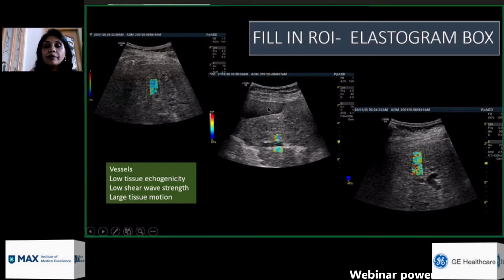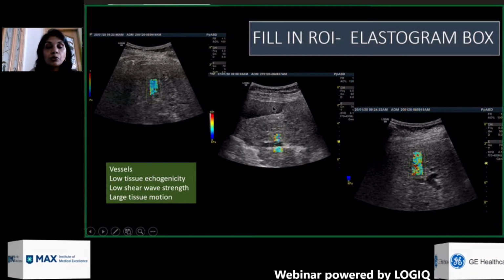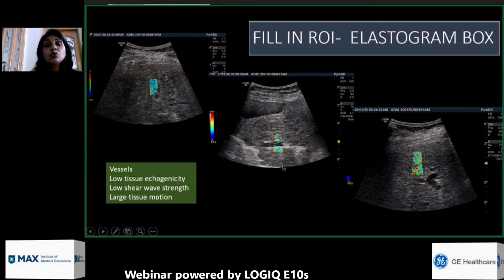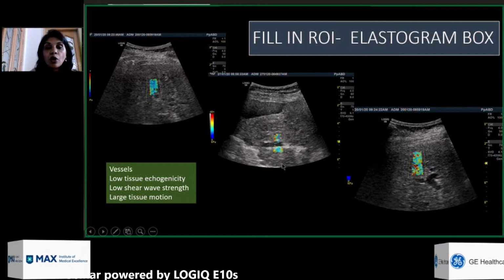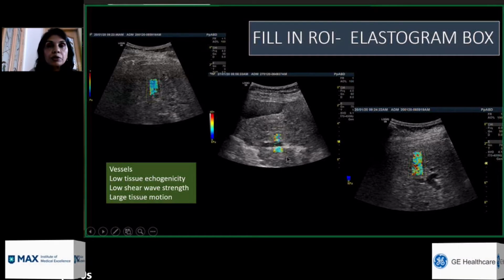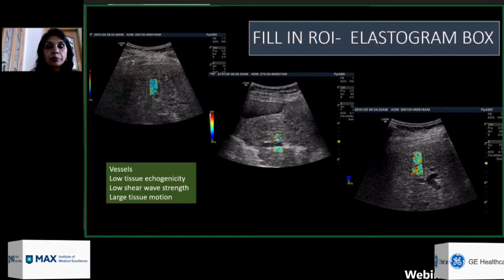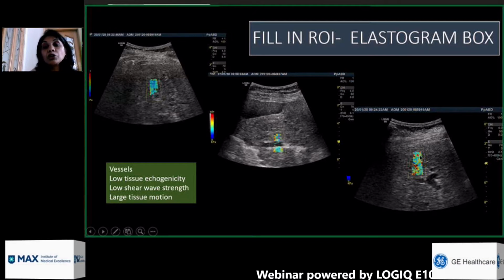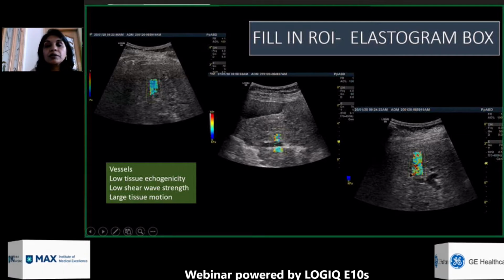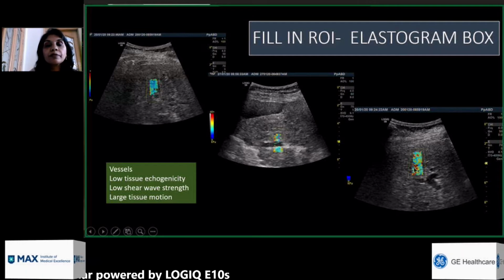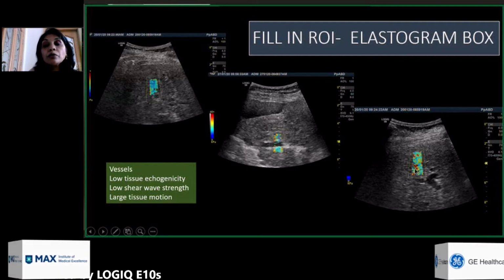The shear wave strength can be reduced or weakened if your Q box is just too deep, almost beyond 6 centimeters. So 4 to 6 centimeters is important, adhering to that for optimal acquisition of the data. And large tissue motions, as you can see here, if there is respiratory motion and the patient is not cooperative, you'll have all these artifacts, and then the data is going to be really erroneous.